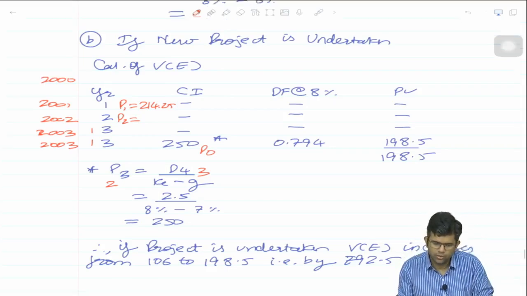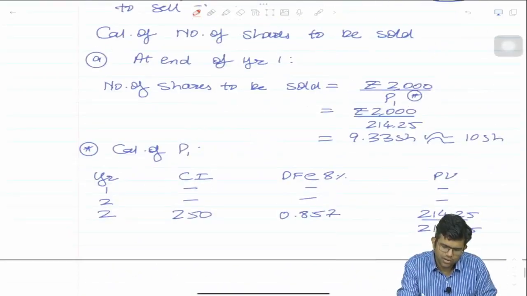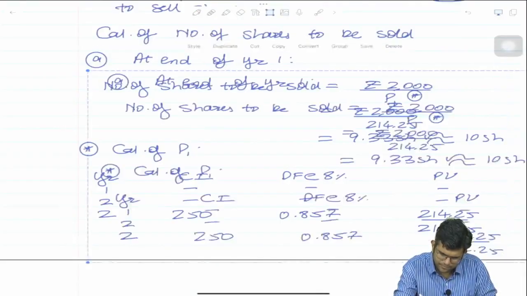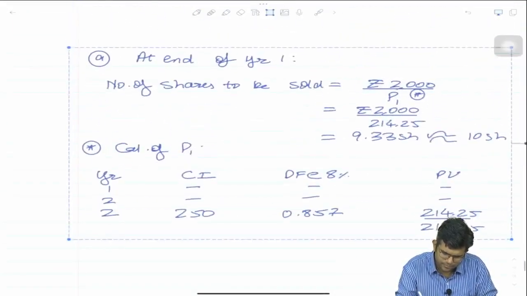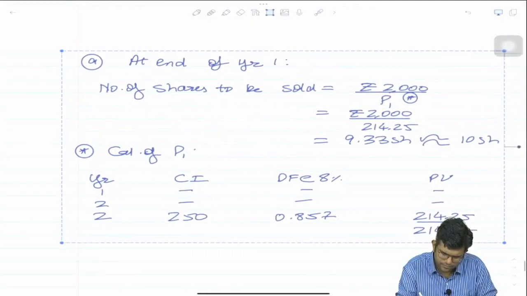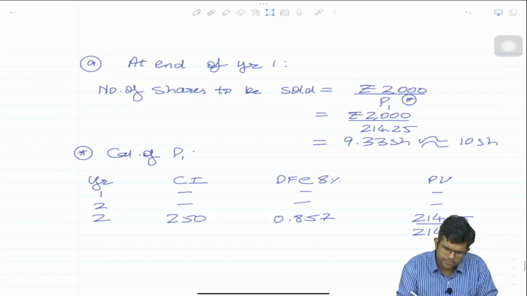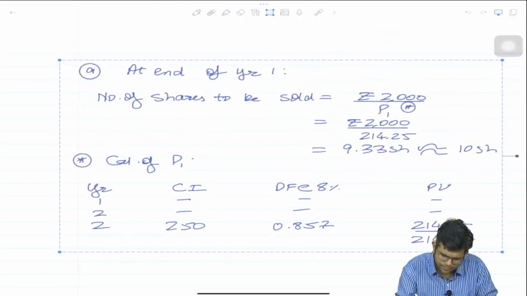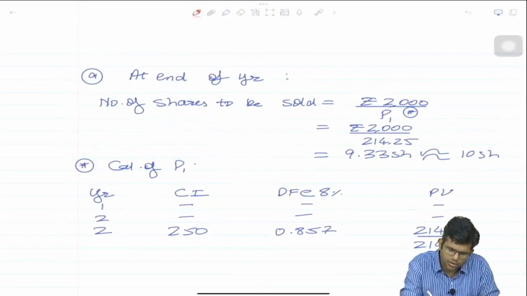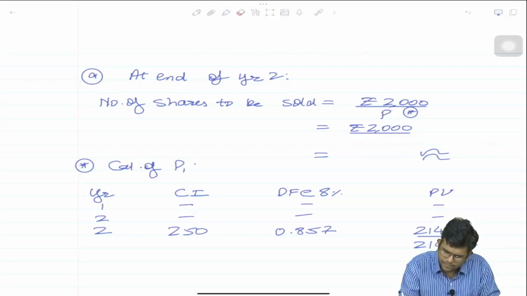Okay, so I will do this now, listen carefully. At end of year 2, the number of shares to be sold will be 2,000 upon P2.